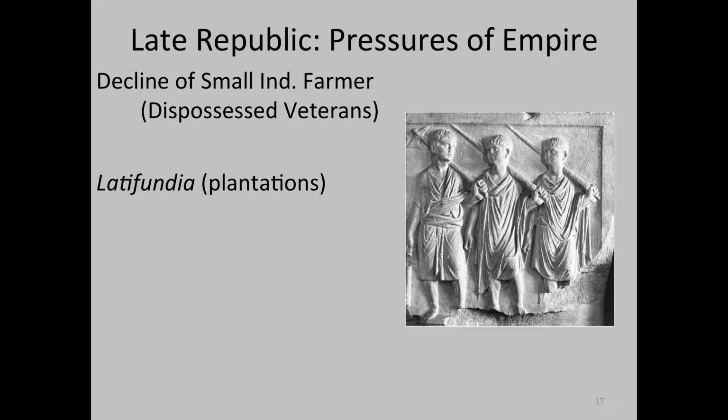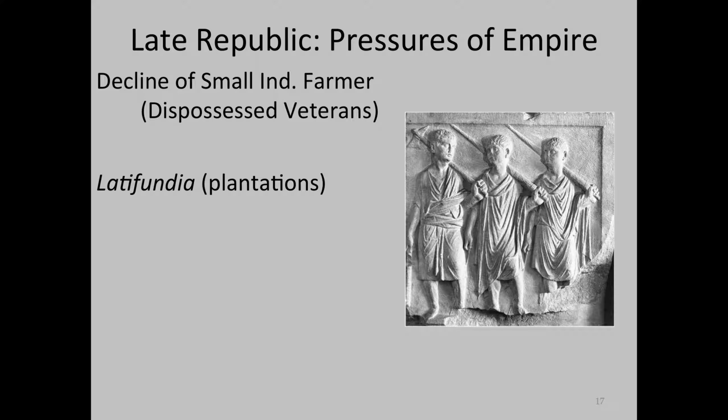The staple crop that the independent farmers raised was grain previously. So the latifundia were these large landed estates that were consolidated either by patricians or the new rich equestrian class. These plantations tended to be worked by slaves from the newly conquered areas rather than free labor.